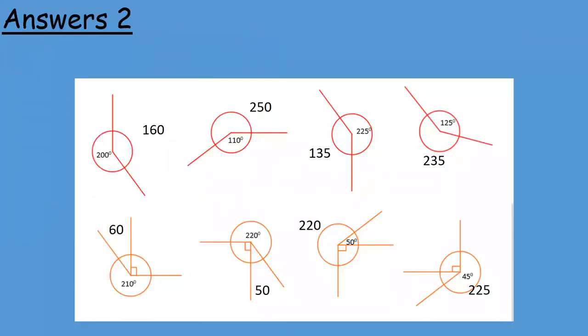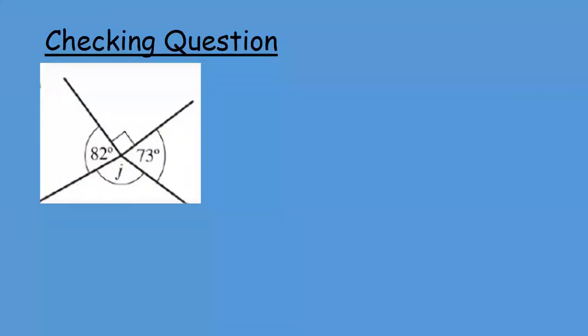Okay, so once you've marked your own side heading question, we're going to look at this question here. So here we know that must be 90. And we call this missing angle J. So our first job is adding all of our known angles up.